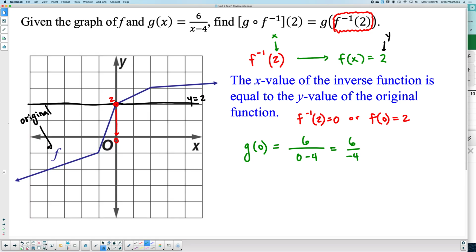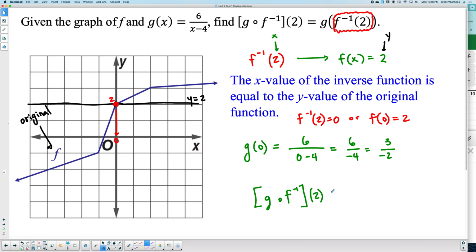And that can reduce. What number goes into both of those? 2 goes into 6 how many times? 3. And 2 goes into negative 4? Negative 2 times.